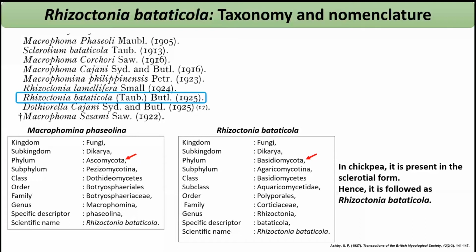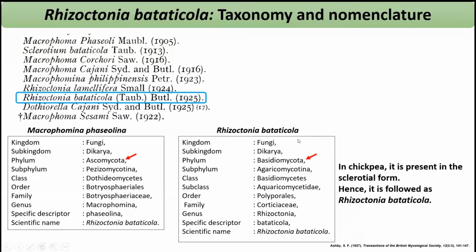Rhizoctonia bataticola taxonomy and nomenclature. At the beginning of disease identification, the fungal pathologists gave many different names to the disease based on its morphological differences and the microsclerotia formation.